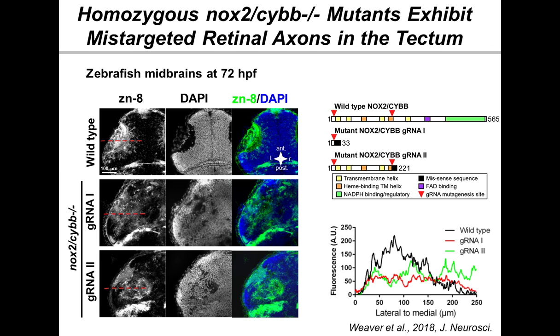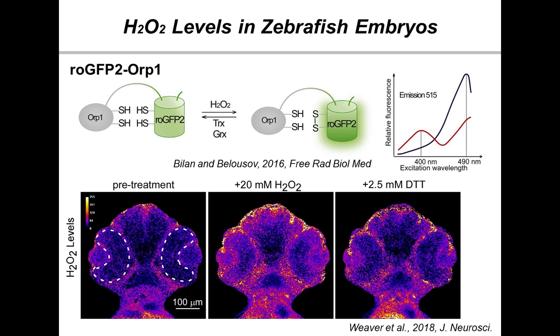It's diffusely innervated and not compact as in the normally developed optic tectum. And this is quantified by line scans here on the lower right for both guide RNAs. The wild type is the black line, and the 2 guide RNAs, so the Nox2 knockouts, are shown by the red and green.